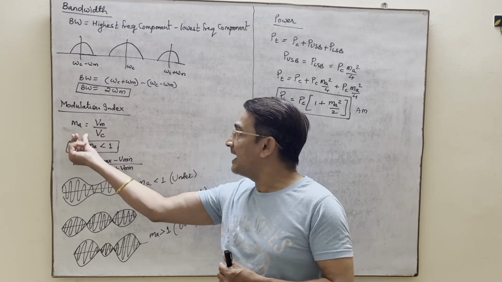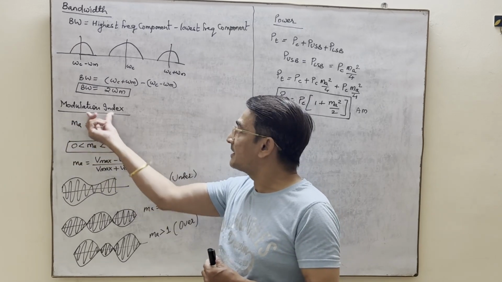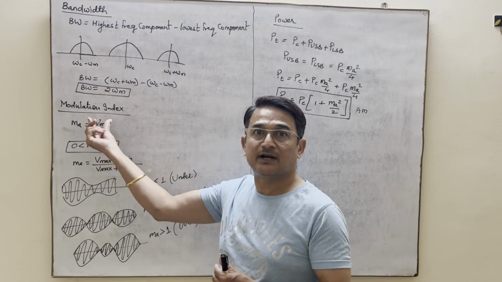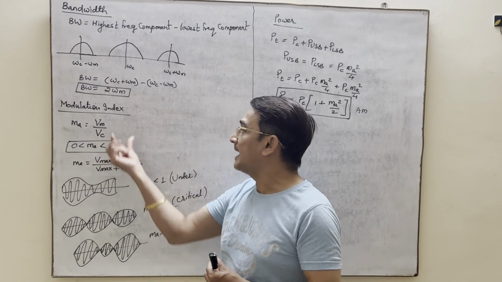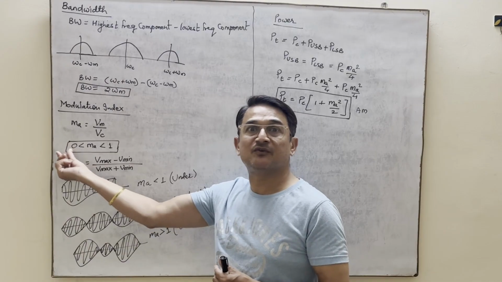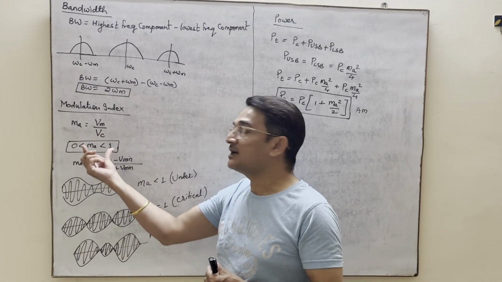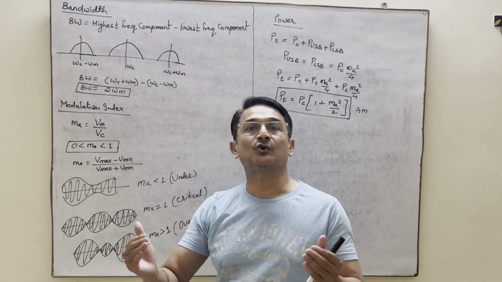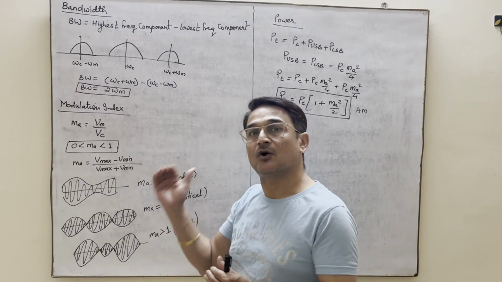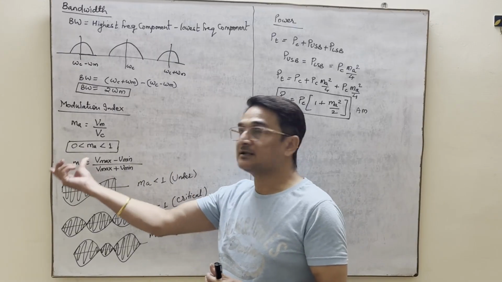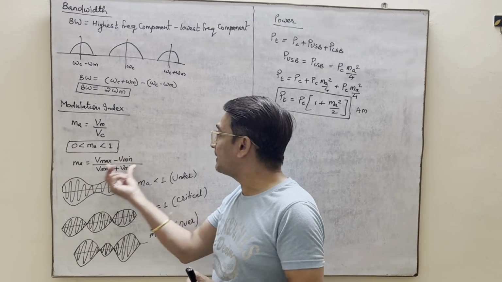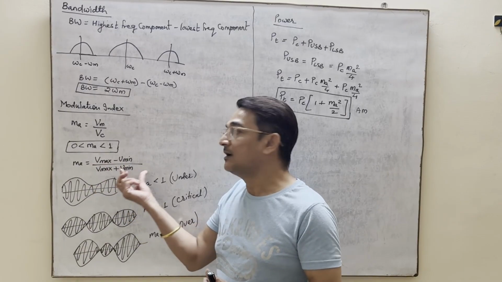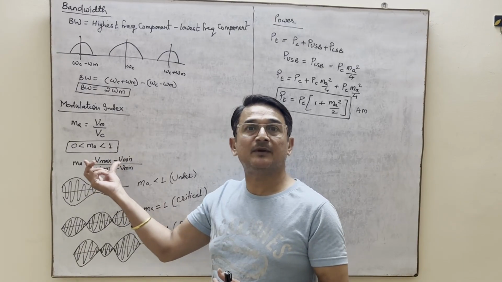It is denoted by Ma and it is the ratio of the amplitude of the modulating signal to the amplitude of the carrier signal, that is Vm upon Vc, and its range is always between 0 and 1. So the modulation index is always less than 1. Another formula used to calculate the modulation index is Vmax minus Vmin upon Vmax plus Vmin. What are Vmax and Vmin?